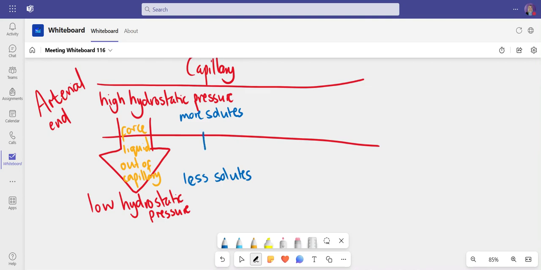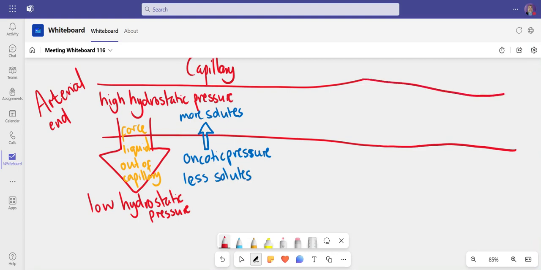So it's quite a small pressure, but we've got a small pressure going that way, and that's called the oncotic pressure. And the interesting thing about the oncotic pressure is that it's the same at each end. Even at the venous end of the capillary, that oncotic pressure is about the same size, and I'll show that by drawing a similar sized arrow. So the oncotic pressure is still pushing inwards.